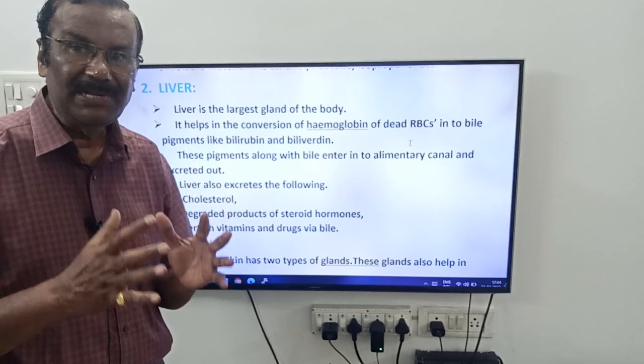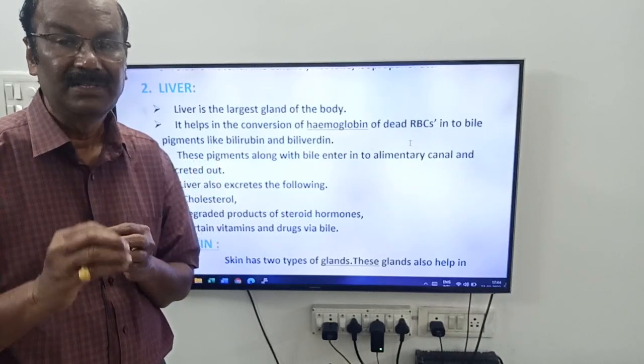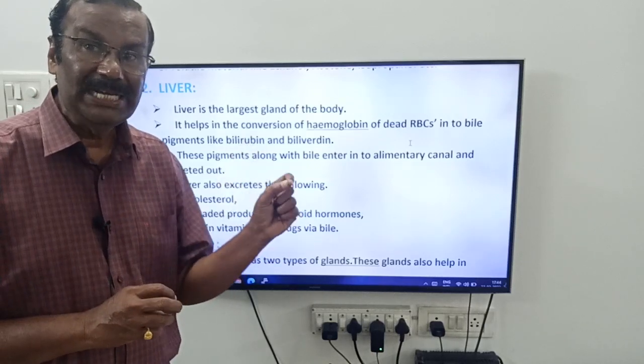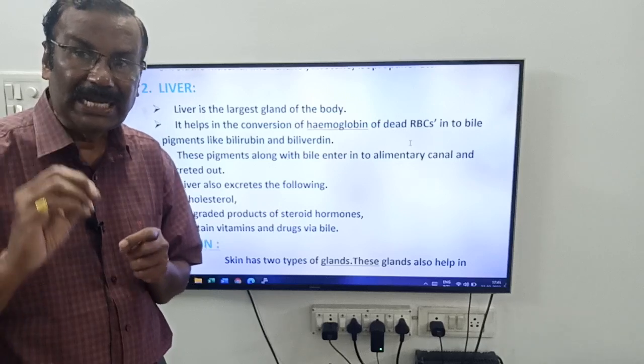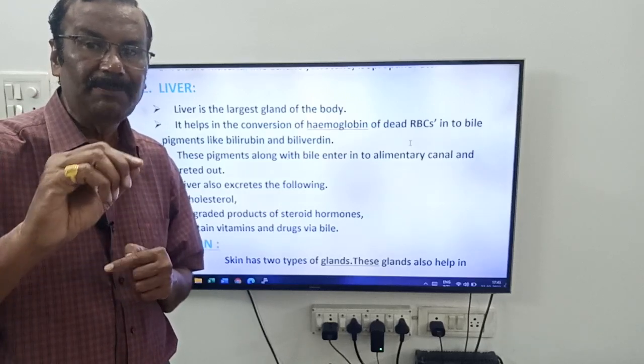So the liver plays an important role in the formation of bile pigments. These bile pigments are formed from the hemoglobin of the dead red blood cells. How many types of bile pigments are there? Two types: bilirubin and biliverdin.